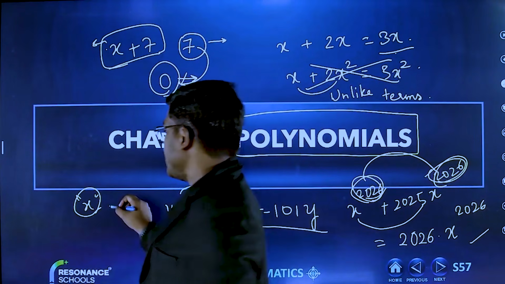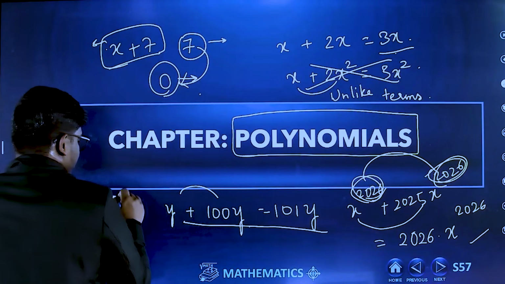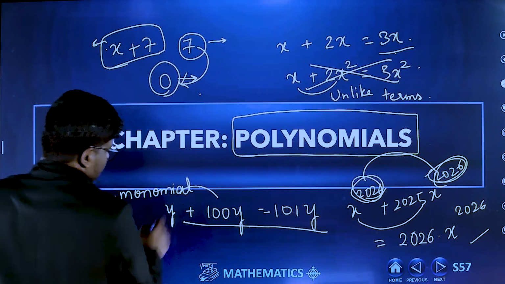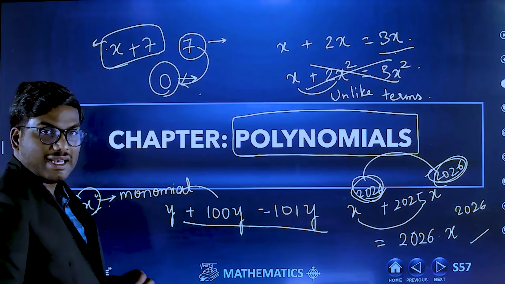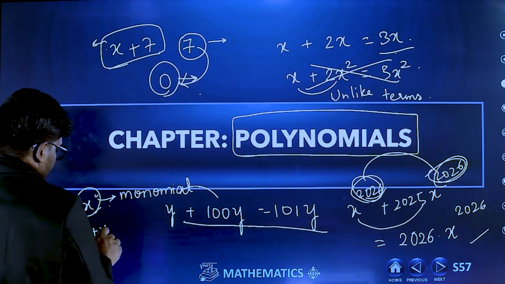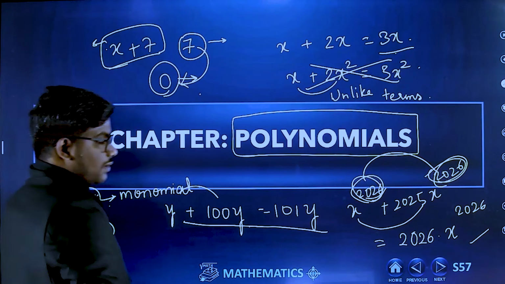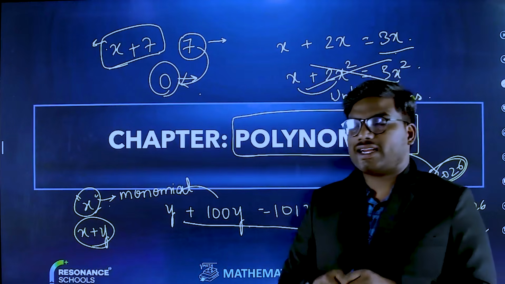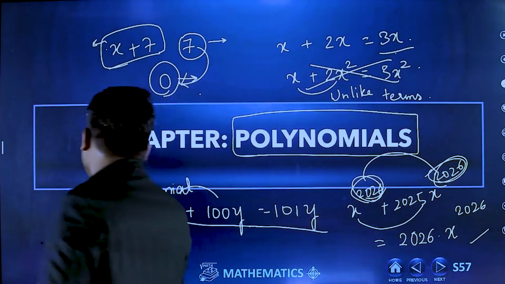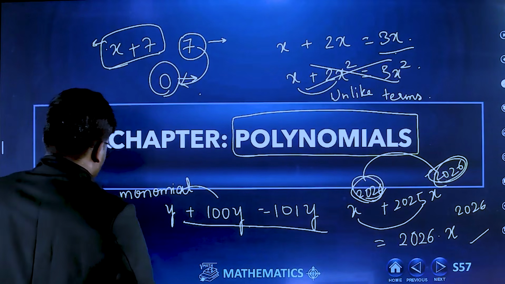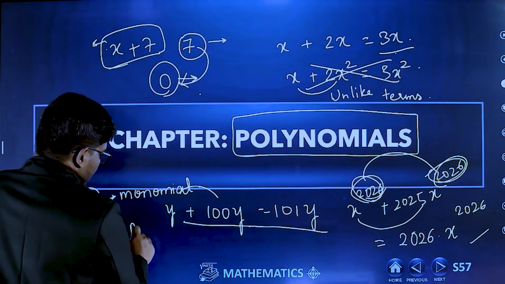So it is a monomial. Similarly, you have x plus y. x plus y is a combination of two unlike terms. So x plus y will be a binomial.